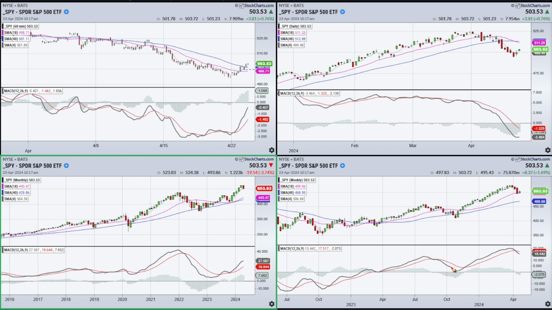On the weekly chart, instead of testing the zero line, we're actually crossing down through the signal line to the downside. So we're not near the zero line and we're crossing down through the signal line. So to me, this has got a little bit of risk in it right now. You see the difference between the signal here combined with this versus where we are right now and this right here.